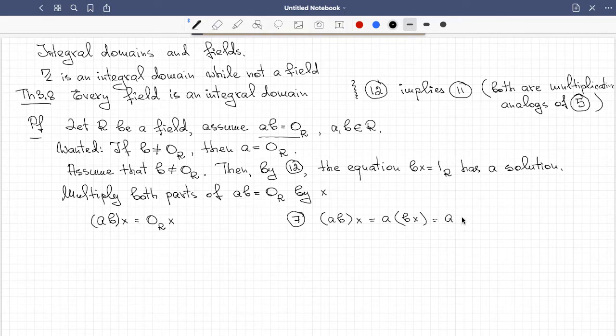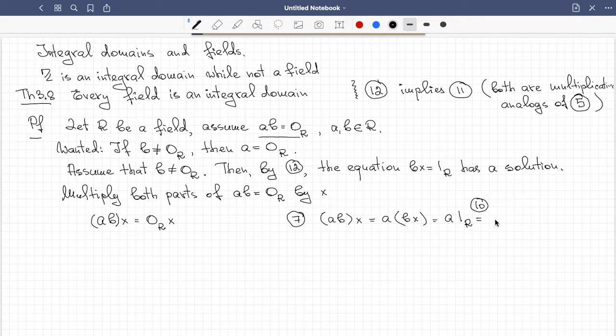A times 1_R. The definition of identity element 10 in the definition of ring tells us that an identity 1_R, if it exists, is the neutral element for multiplication. Any element multiplied by this element stays untouched.